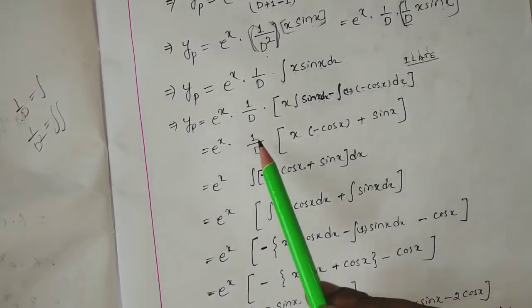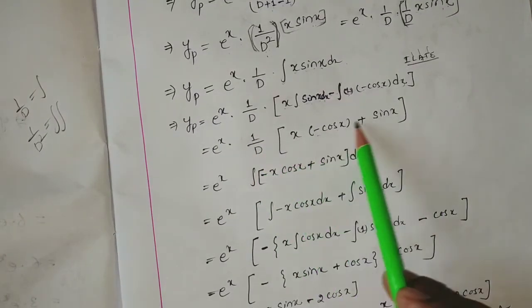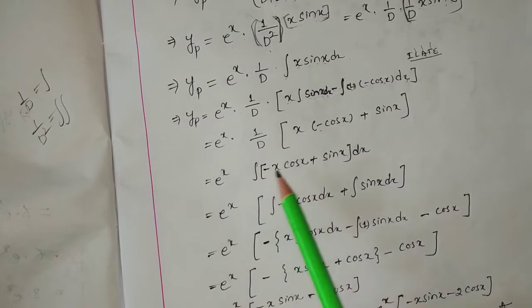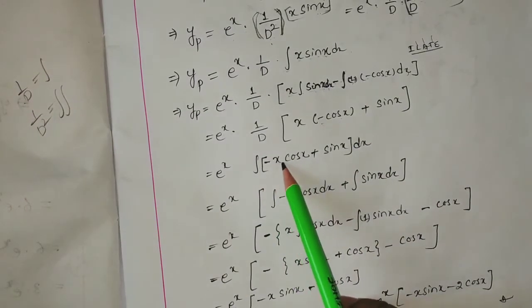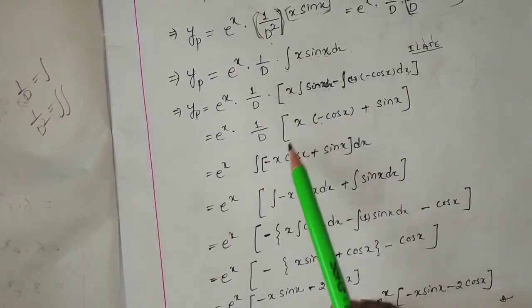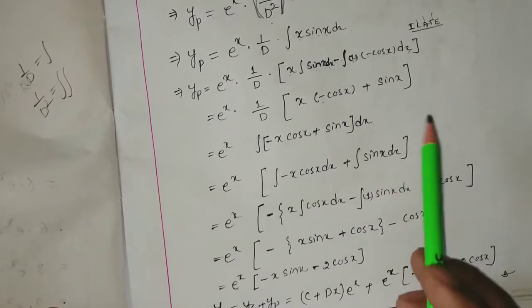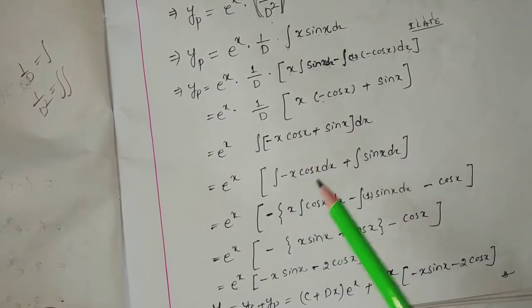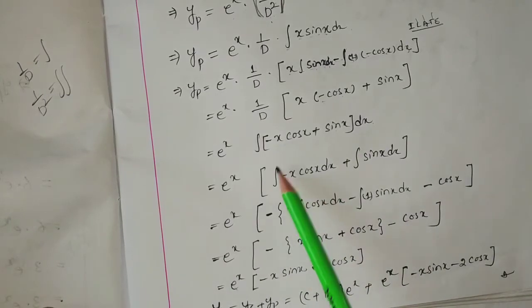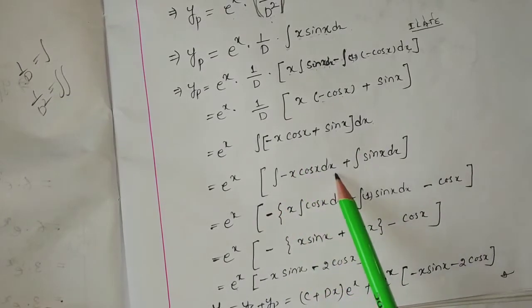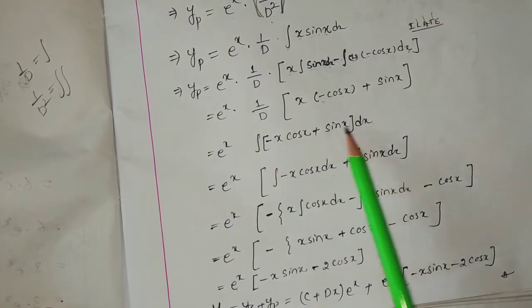Then again 1 by D is going to be operated on this one, that means integration of minus x cos x plus sin x dx, right? So separately we are going to consider the integration of minus x cos x dx and integration of sin x dx.